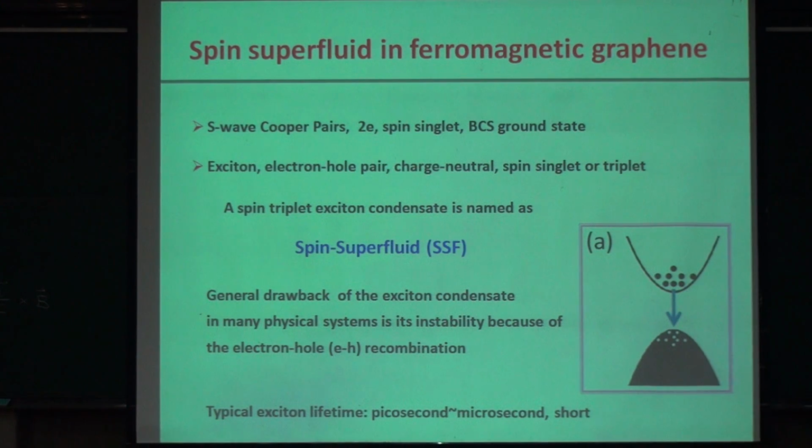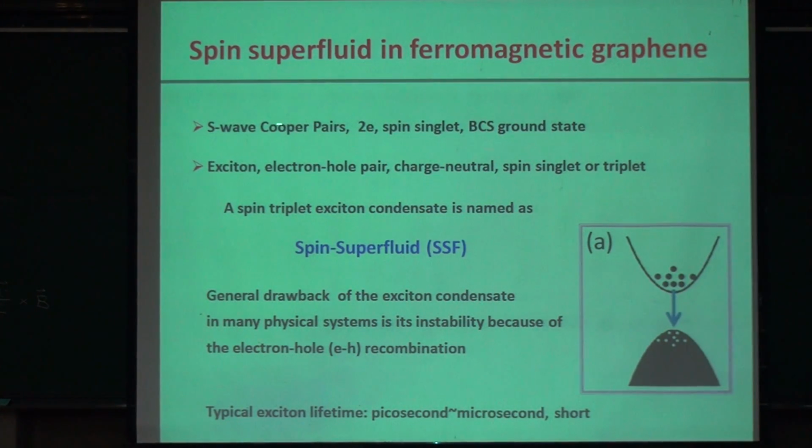We proposed this idea, and we found a concrete system, ferromagnetic graphene, in which we believe you can see this spin superconductor. The remainder of the discussion will concentrate on this concept of spin superconductor.